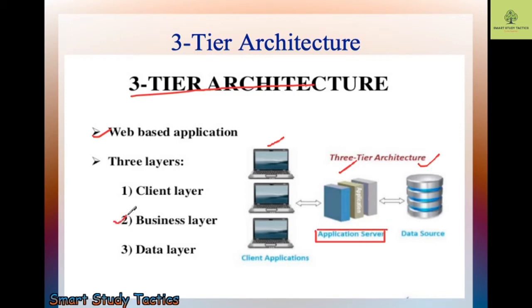Here you can see the client layer, the business layer, and the data layer. So what exactly is this application server doing? Whatever information you are sending from here goes directly to the application server. The application server processes your data, asks only for that which is stored in this database, and gives you the proper result as the output.